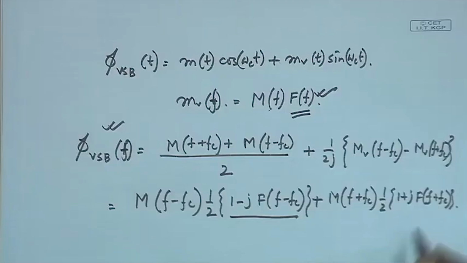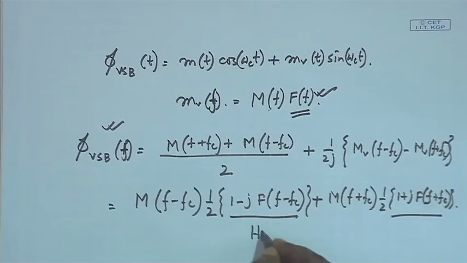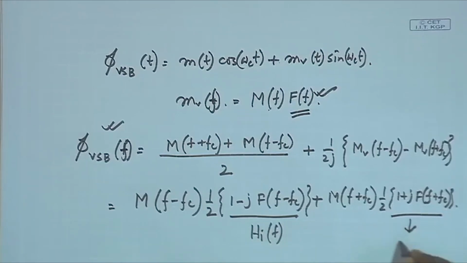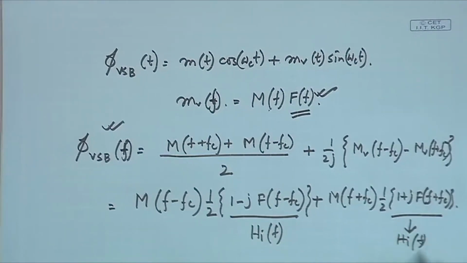So, this must be similar to that. If that has to be the case, then this and this both should be H(f), right. So, this should be H(f) and this should also be H(f). So, let us try to put that, okay, if this has to be equal, then both of them should be equal to H(f).